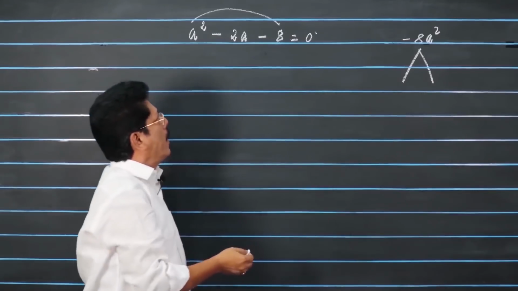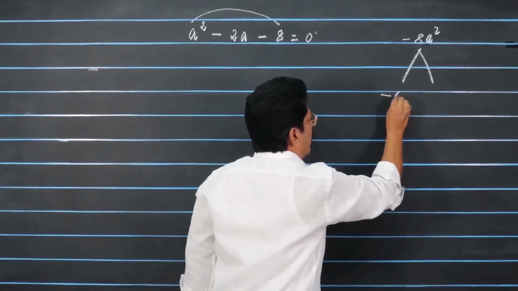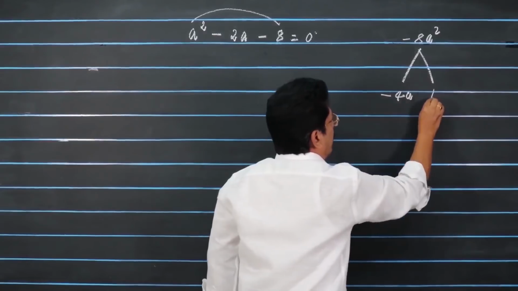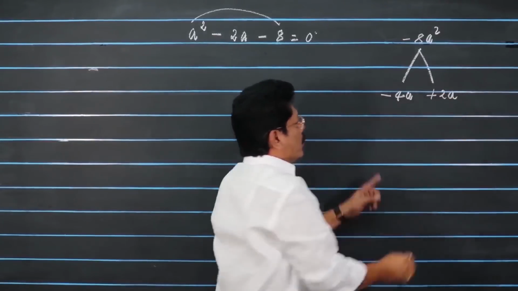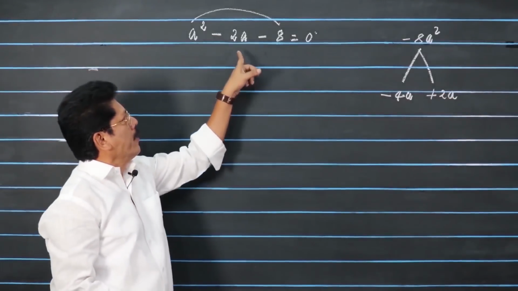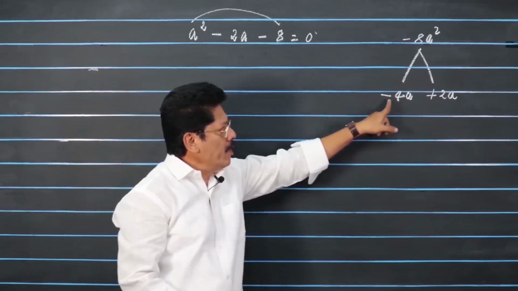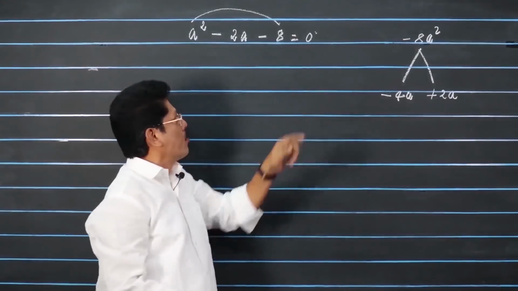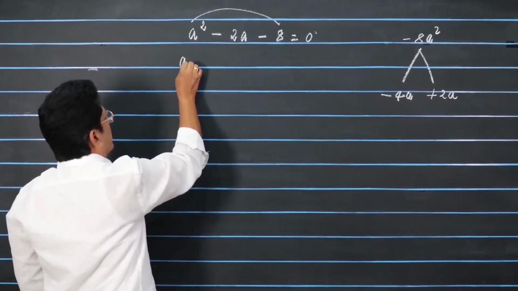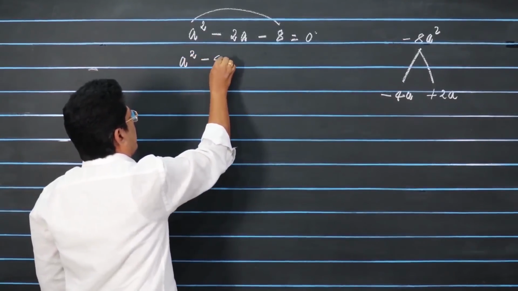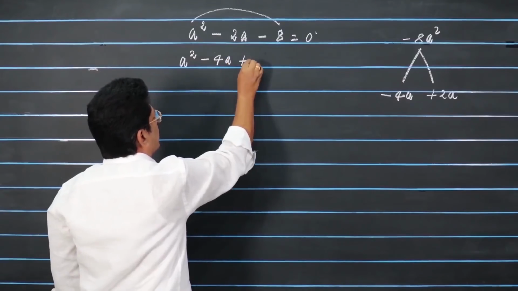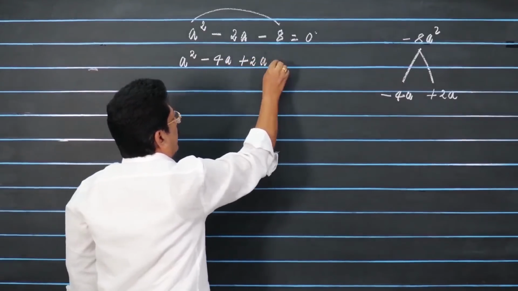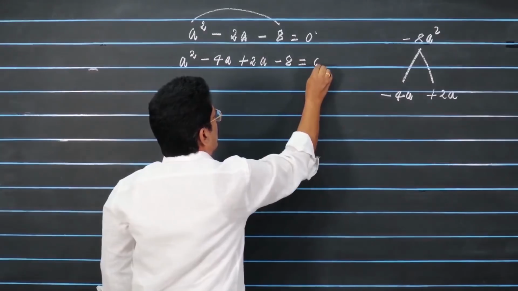Those two terms are minus 4a and plus 2a. So minus 4a and plus 2a will give you minus 2a. Minus 4a into plus 2a will give you minus 8a squared. So a squared minus 4a plus 2a minus 8 is equal to 0.